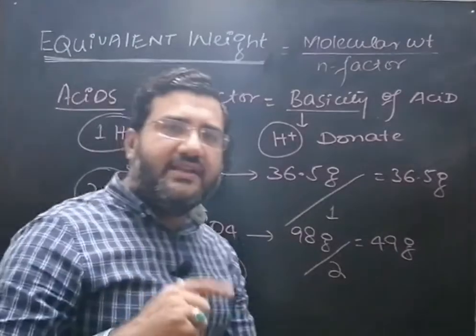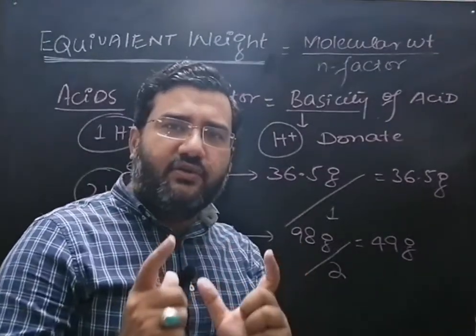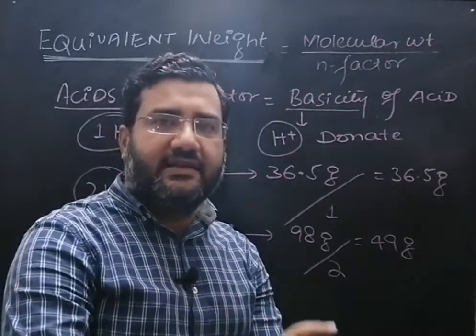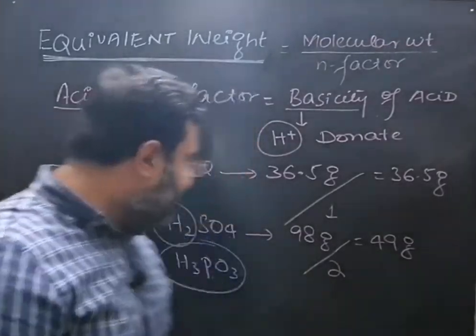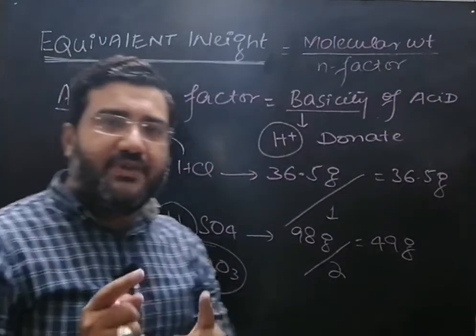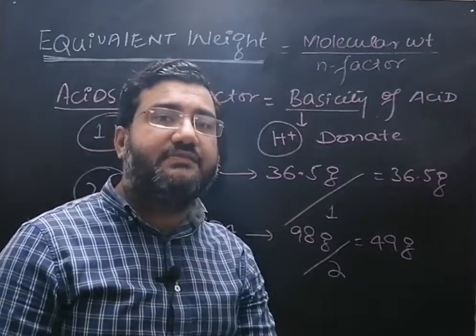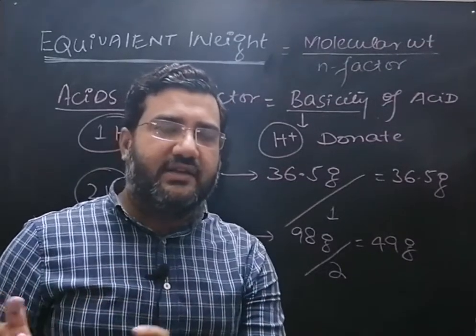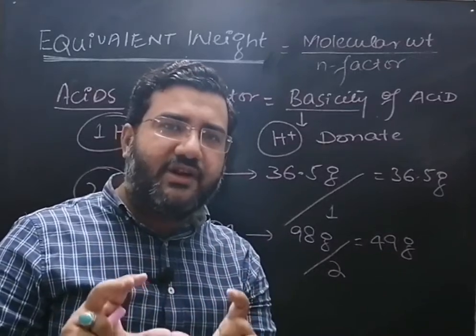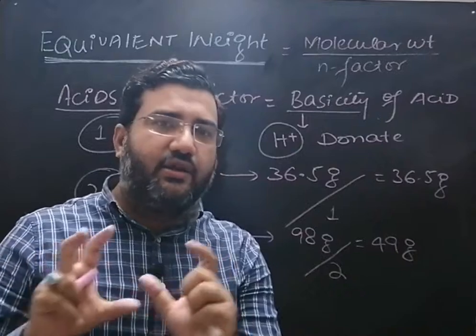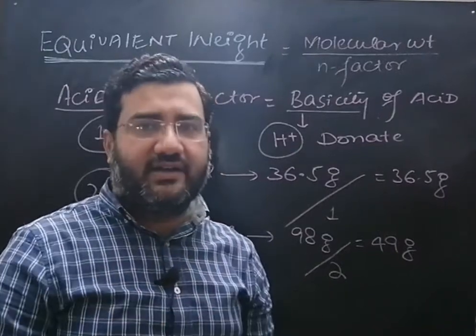What I want to tell you is that the total number of hydrogens in an acid is not necessarily equal to its basicity. For example, the total number of hydrogens in H3PO3 is 3, but its basicity is 2. So don't get confused in this. You will have to look at the structure of that acid.